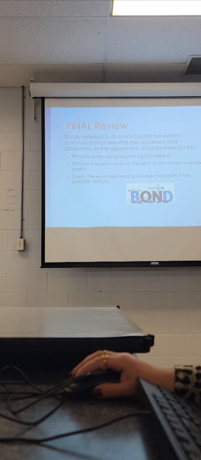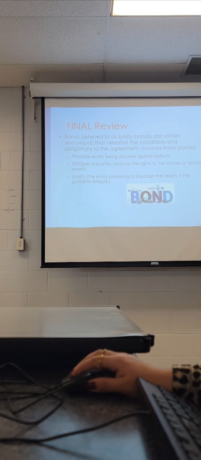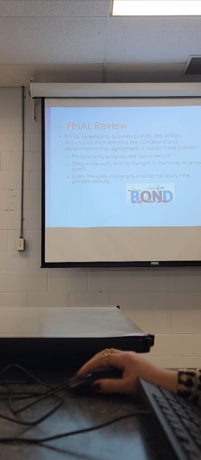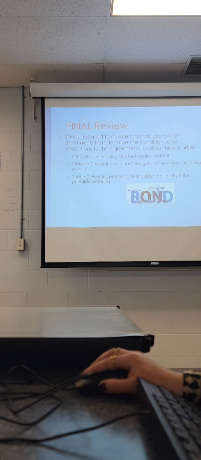So again, they're written documents, they put all the agreements and obligations of the criteria of the project, and it has certain protection for the three parties. What's this bond called? They're called surety bonds. Yeah, that's the technical term.